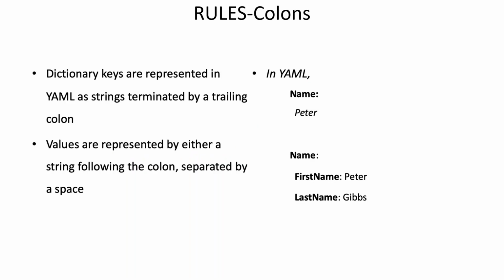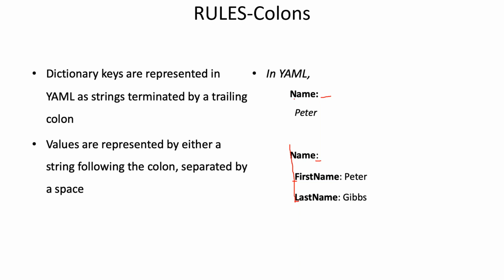Now the rule of colons, rule number 2. In a similar way, you have to give a key value pair. But assume that there are different values you have to pick for a given key. After the colon, make sure that you give a space.